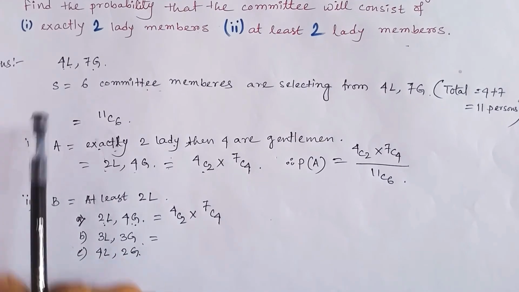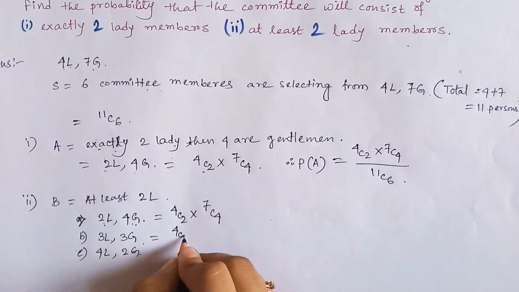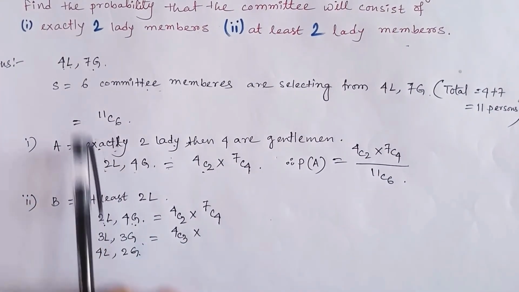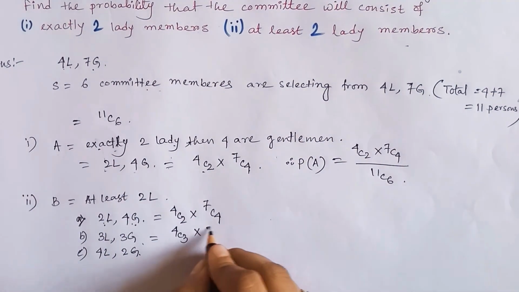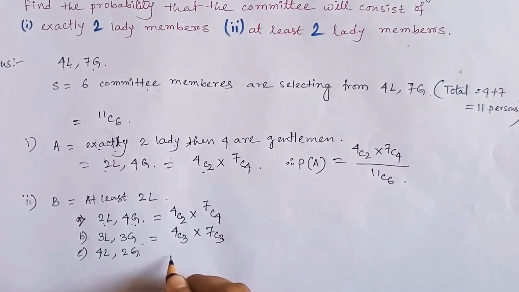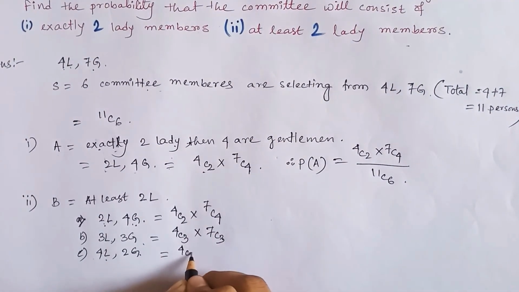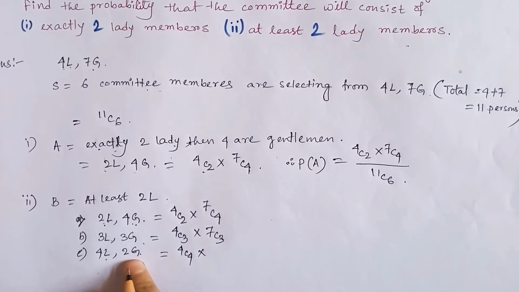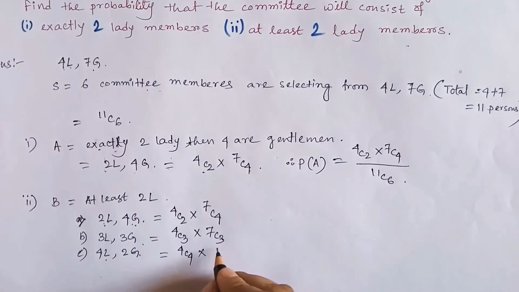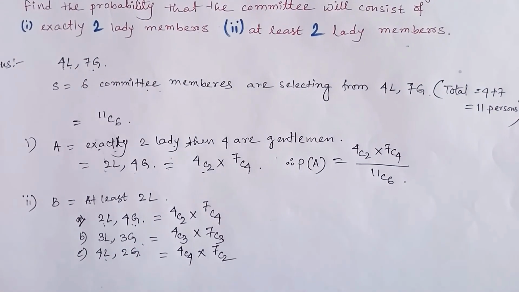Similarly, 3 lady out of 4 in 4C3 ways, and 3 gentlemen out of 7 in 7C3 ways. Similarly, 4 lady out of 4 in 4C4 ways, and 2 gentlemen out of 7 in 7C2 ways.